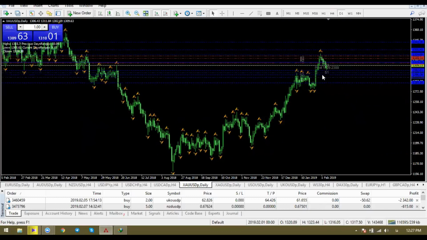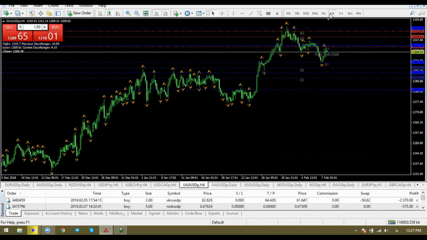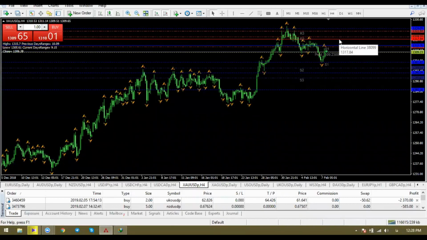The magic pivot is the weekly one. The gold market will be bullish tomorrow until 1,307.